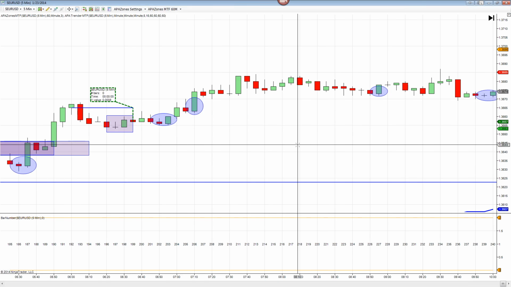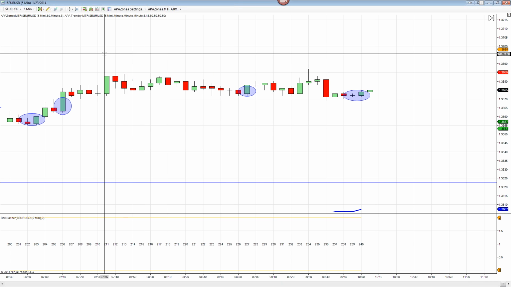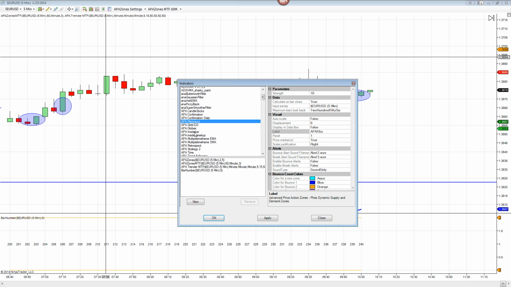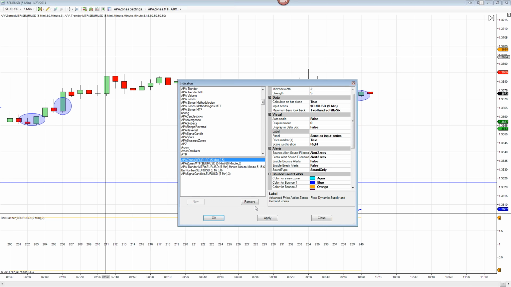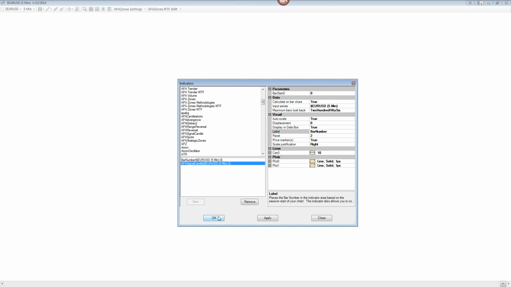But yeah, something else that I have developed, I call it a raw indicator. Basically, it's the price action confirmation signals from the APA methods without the zones in play.